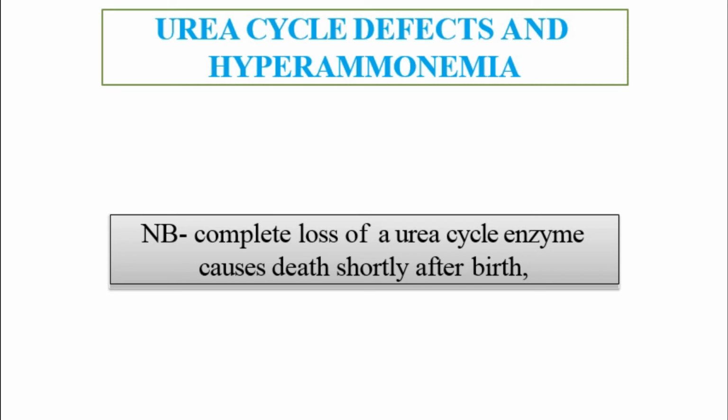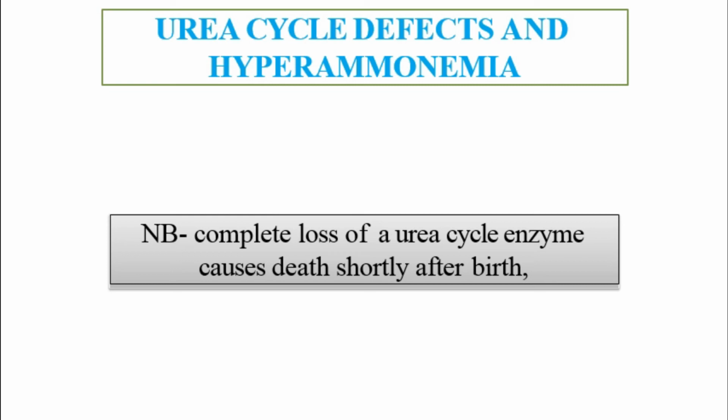Now in urea cycle, sometimes defects can happen, and if so, they can lead to hyperammonemia, excessive level of ammonia in the blood. And if somebody has no activity of urea cycle at all, total absence, it can lead to death just after birth even.